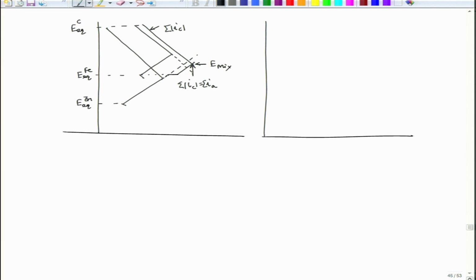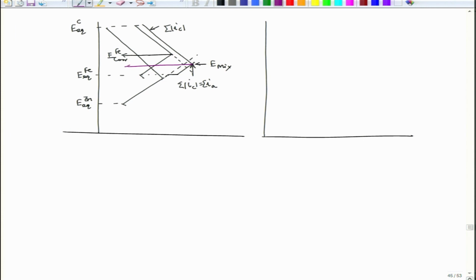Now, before connecting iron and zinc, this was the corrosion potential of iron, E corrosion of iron, and after connecting to zinc I could see that the E mix is here.